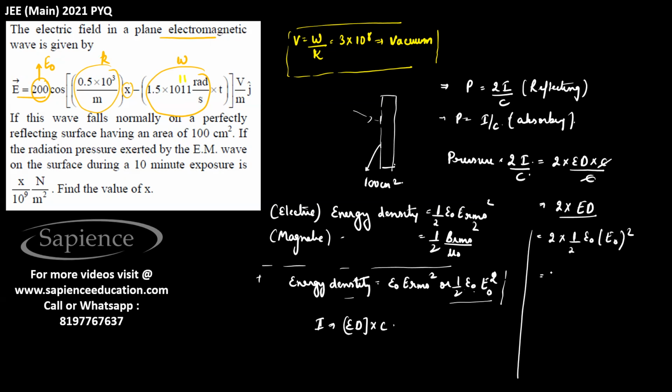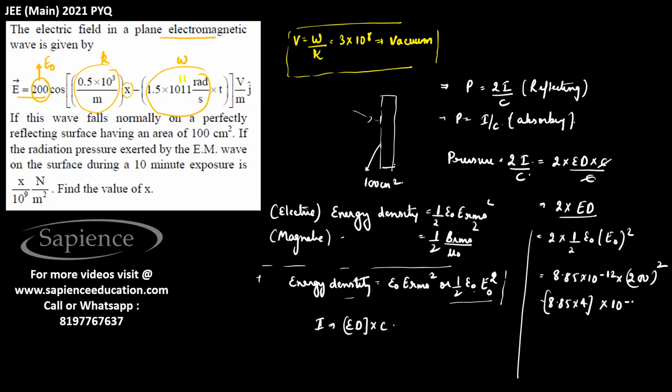So 2 cancel. What is epsilon naught? Epsilon naught will be 8.85 into 10 to the power minus 12, into E naught, which will be 200 square. So 8.85 into 4, and the power will become 10 raised to the power minus 8.